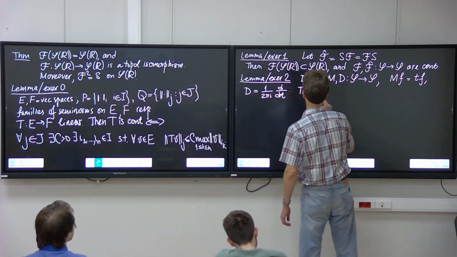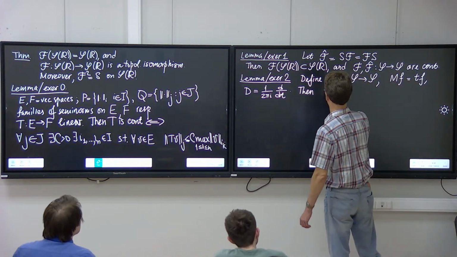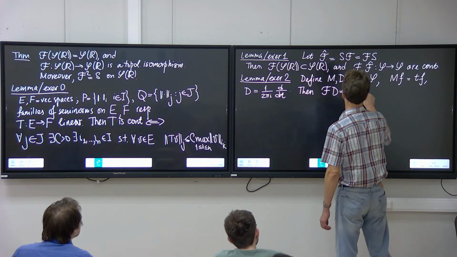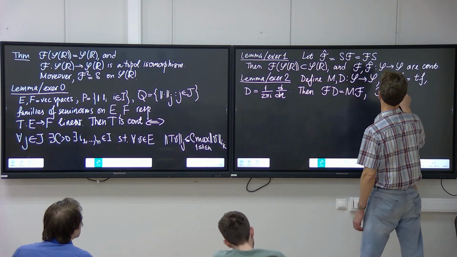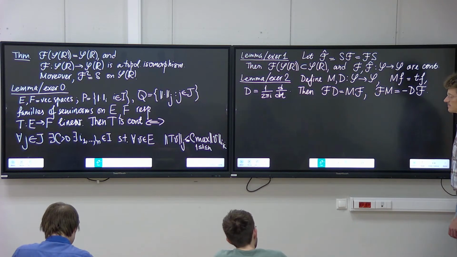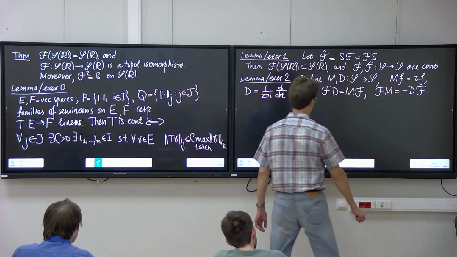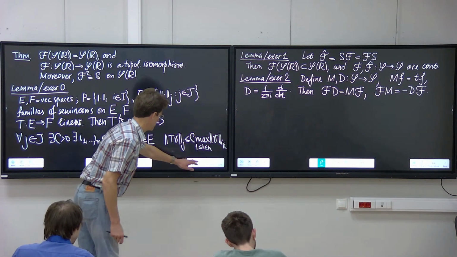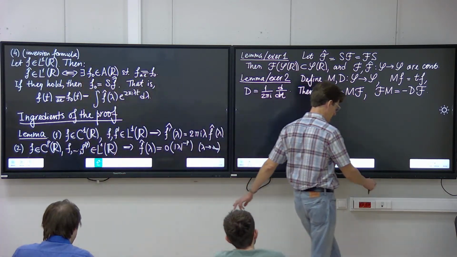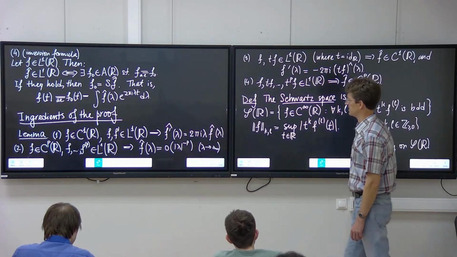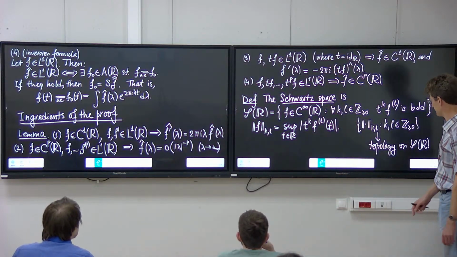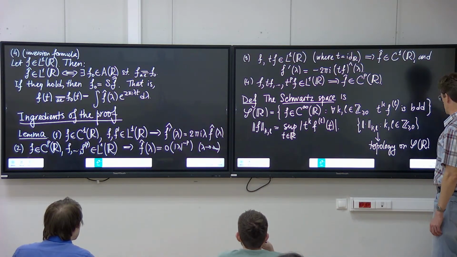Then I have the following relation: FD equals MF, and FM equals minus DF. Well, actually, this is nothing but our first lemma, which is still here. So basically, this is equivalent to properties 1 and 3, just a restatement of 1 and 3.